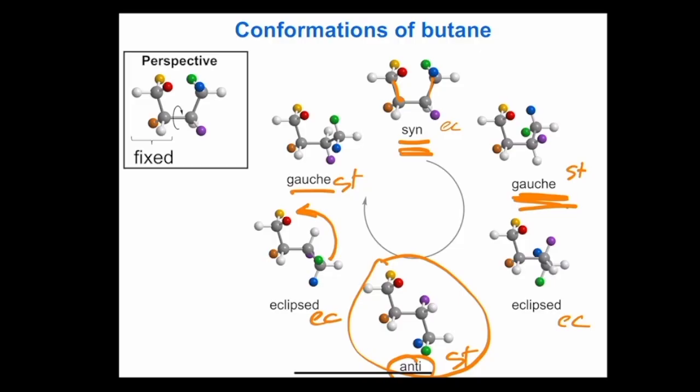Every eclipsing structure, bonds bump with bonds. Syn, you have bonds and groups together. Gauche, no bonds, but you do have groups. The two methyl groups, while not directly eclipsing, overlapping, are still close by. This is standing near somebody that has an umbrella out. They're not directly in each other's face, but it's still worse than being nicely, this is social distancing.